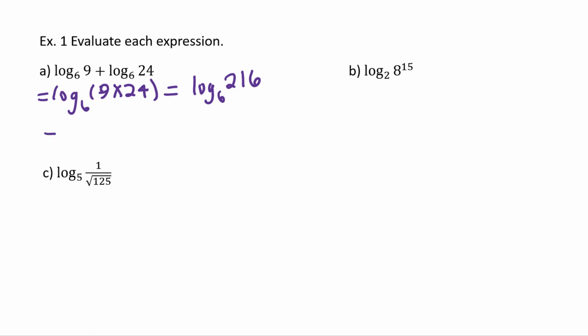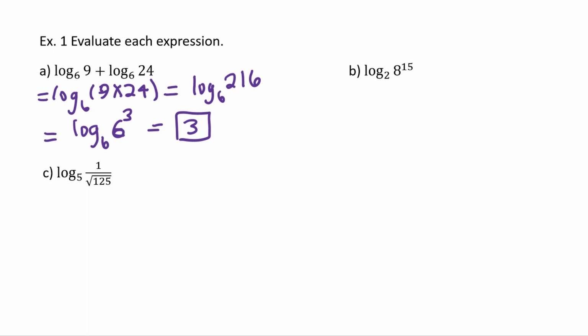We can continue to simplify, and 216 is actually 6 to the power of 3. And using the identity property of logs, log base a of a to the x is x, so log base 6 of 6 to the 3 is 3.